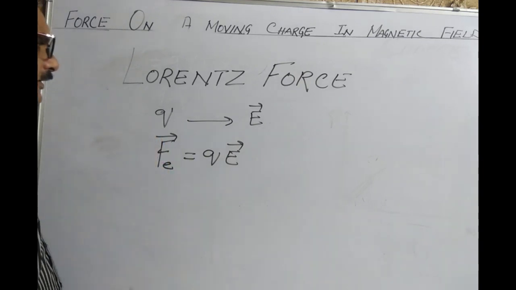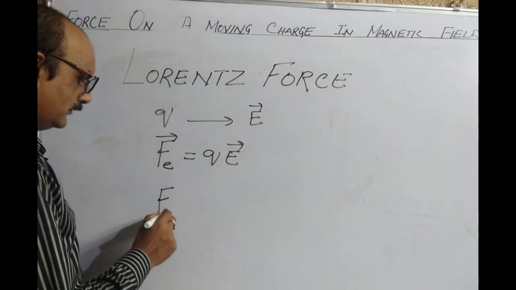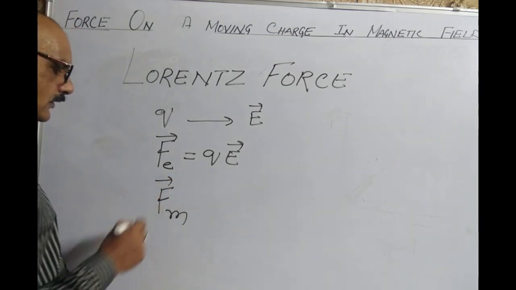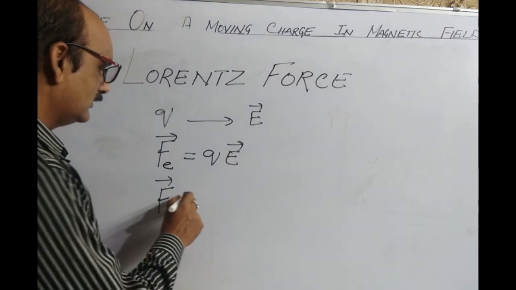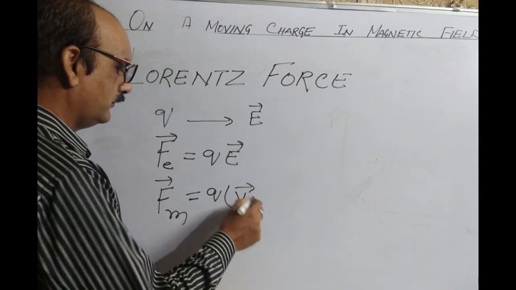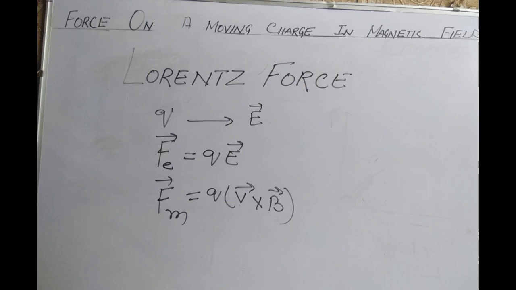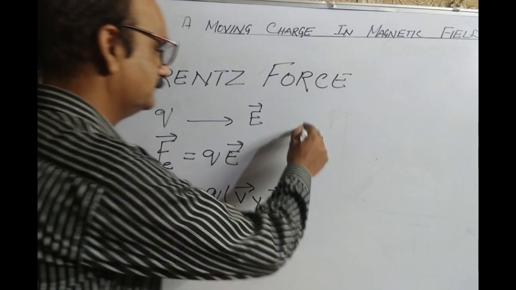Similarly, if this positive charge Q is moving in a magnetic field, making angle theta with the field, then there will be a force on it, given as Q V cross B. And this force will be perpendicular to the plane of vector V and vector B.